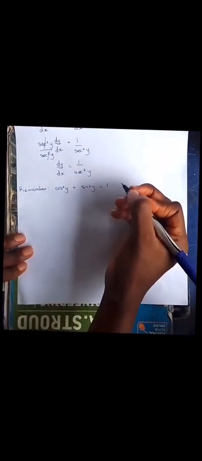Remember one of our identities that we got. Remember cos square y plus sine square y is equal to 1. And I hope you remember this. You must have been taught.